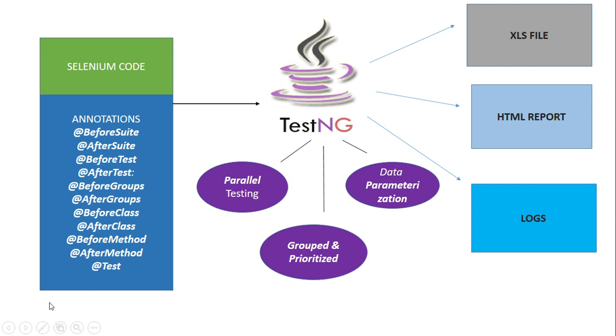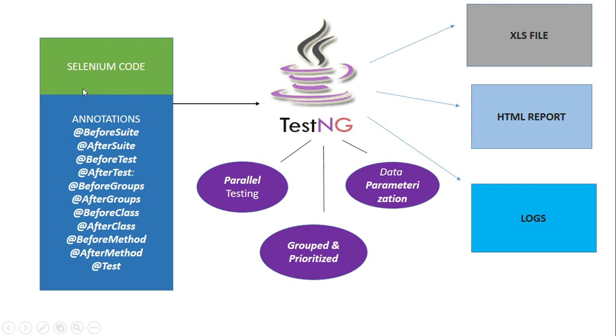When you use these annotations, it is very helpful to design the framework or to write the test cases. So annotations are a very important feature of TestNG. And the main thing is that in Selenium code, the basic first step is writing the business logic in Selenium code, and inserting these annotations.